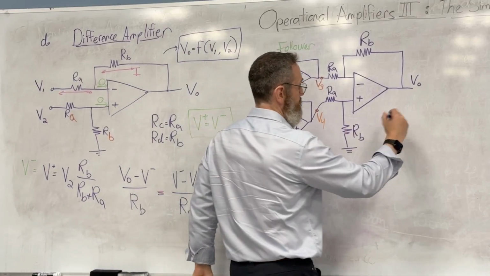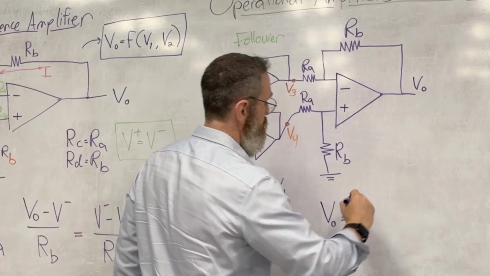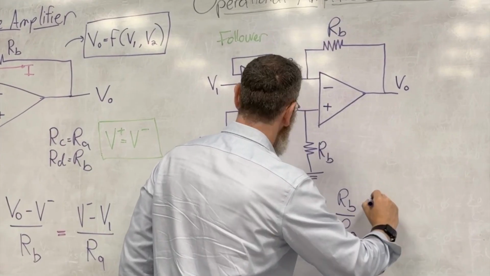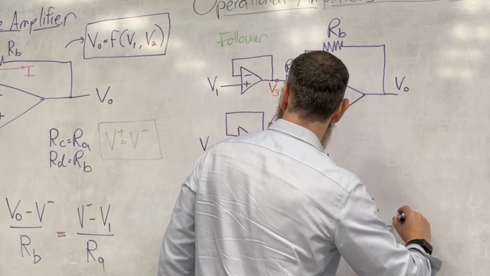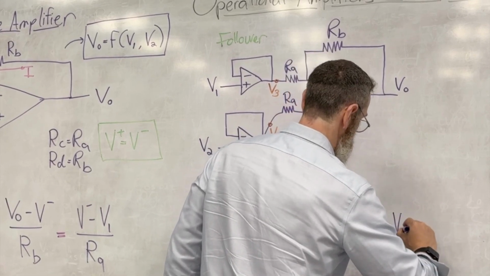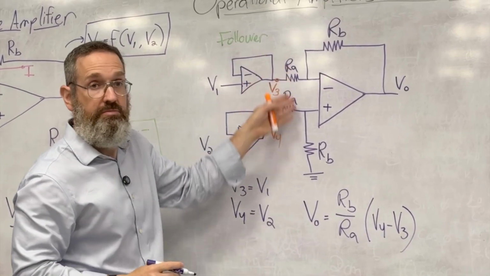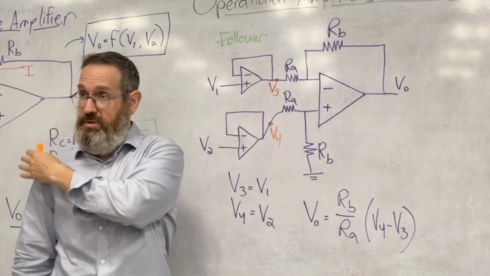And I would get, for this stage, that V out is equal to R sub B over R sub A times V4 minus V3. That is the equation for this stage here. And we could work it out again, but it would be the same.